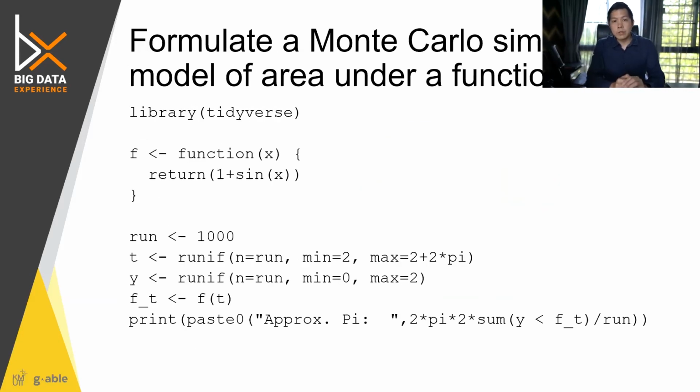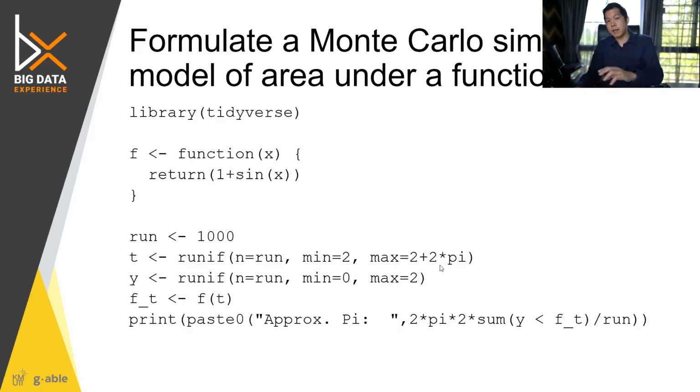Because we want to get the number of points under the line, right? What we need to do is to sample the points in the square region. So what I'm doing here, for t, is taking the random of the uniform distribution with the number of runs here as n, and minimum at 2 and maximum at 2 plus 2 pi.